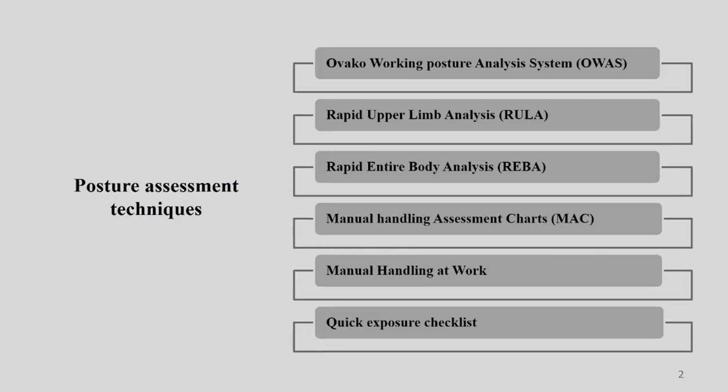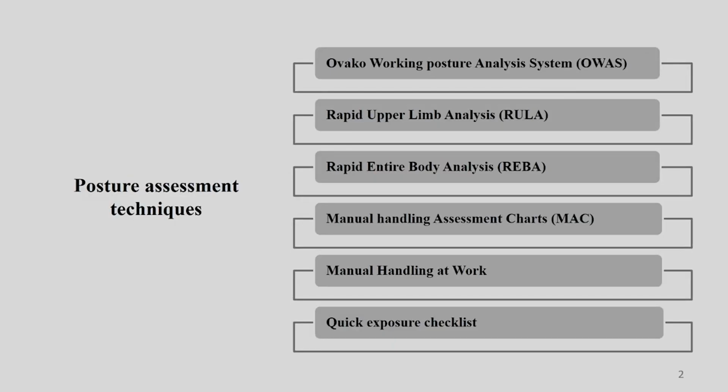So let us start with the very old tool, that is the Ovako working posture analysis tool. First let us understand what we are going to cover in this section on posture assessment techniques. First we will be going for OWAS, the Ovako Working Posture Analysis System.